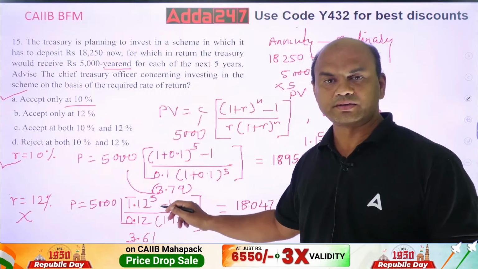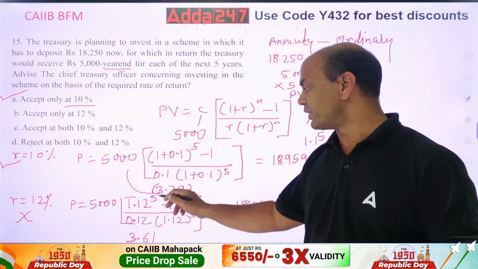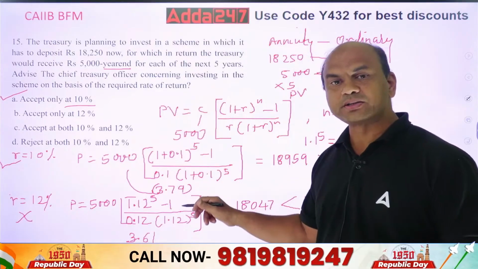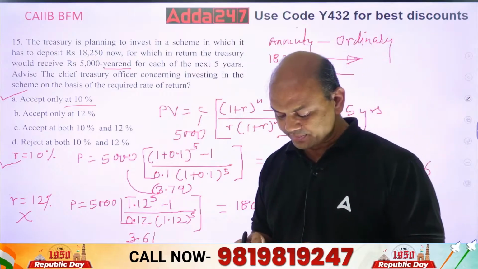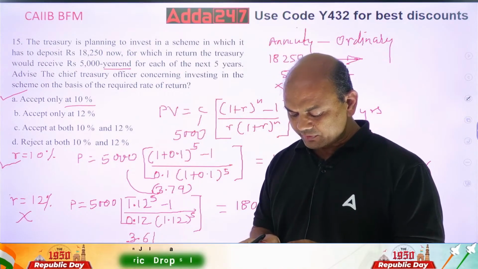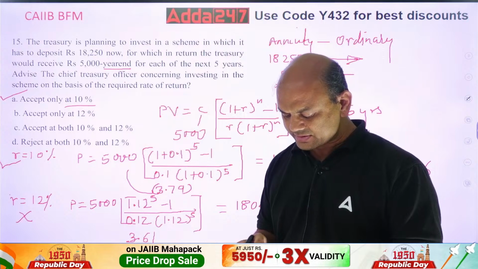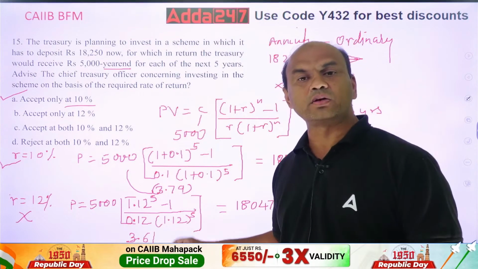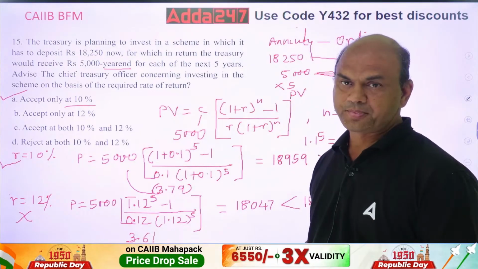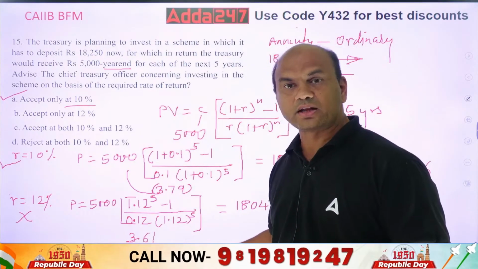6.3, okay? 6.3 divided by, again this 1.76. You must get it as 3.609 or 3.61.